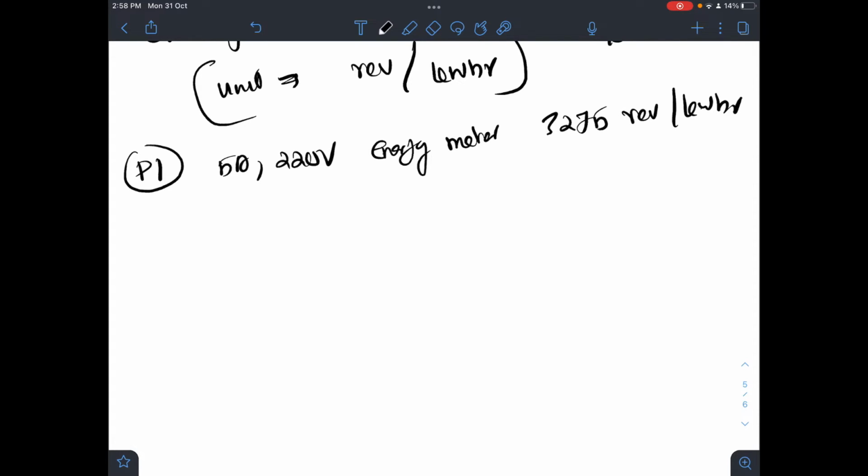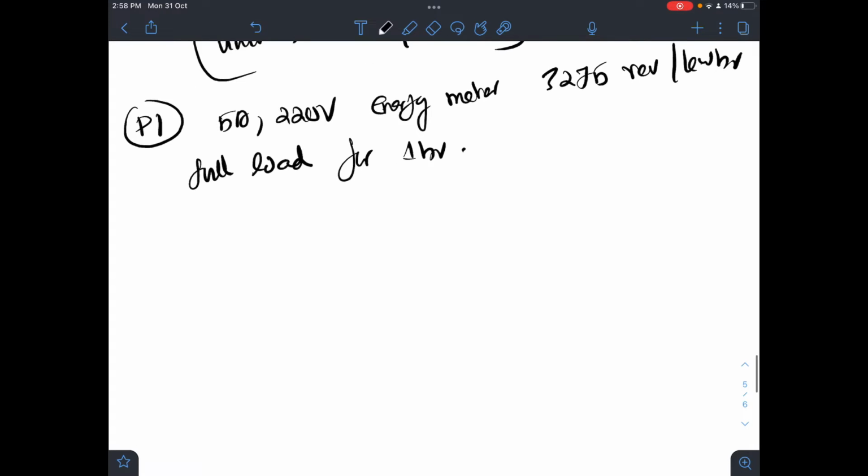If this meter is subjected to full load, okay, the meter is subjected to full load for 1 hour, and that is the condition.